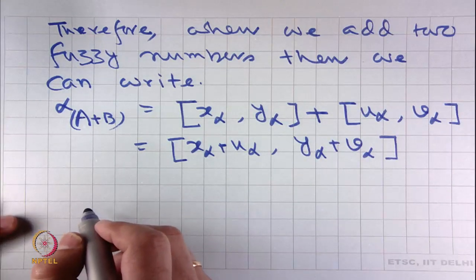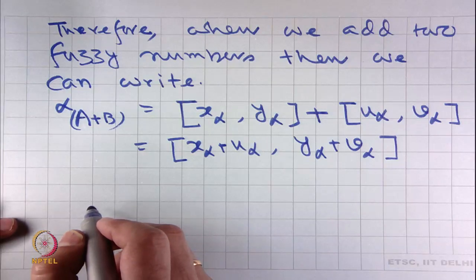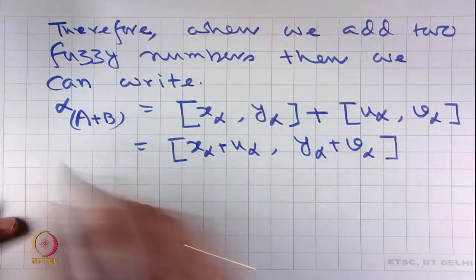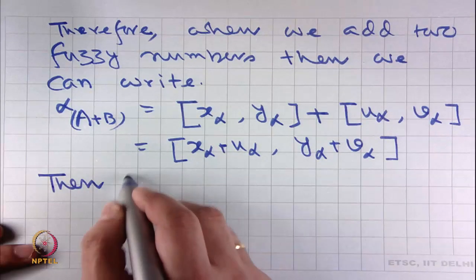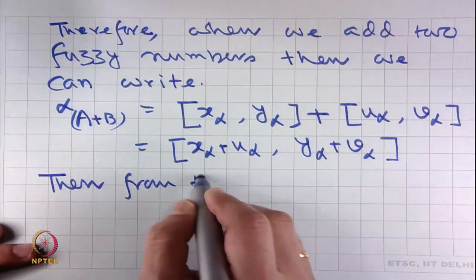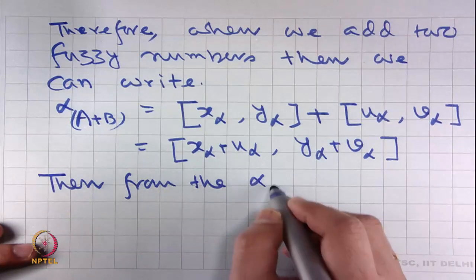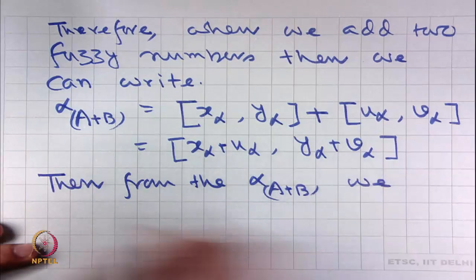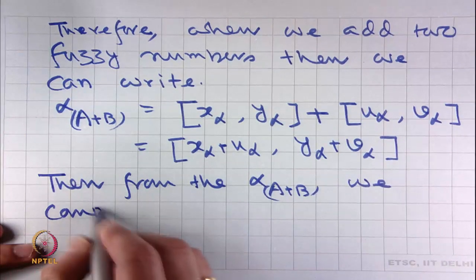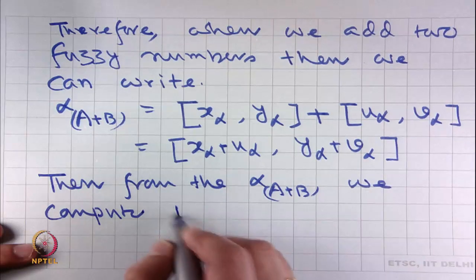This we have already seen in the last class, and then from the alpha cut of A plus B, we compute the membership functions.